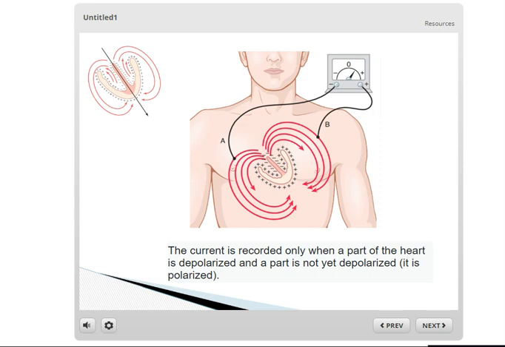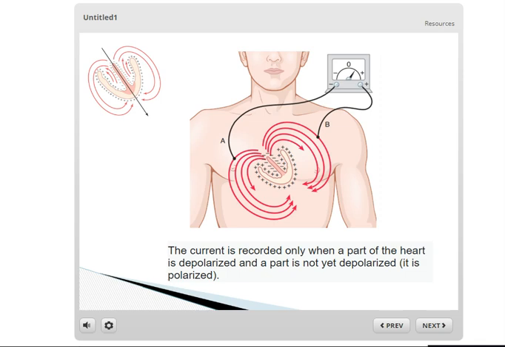I said that the ECG records the electrical activity of the heart by measuring the voltage difference between different points of the heart. This voltage difference is generated by the propagation of the depolarization wave through the heart. When a part of the heart is depolarized and another part is still polarized, there is a potential difference between these two regions. This potential difference creates an electrical current that flows from the depolarized region to the polarized region.